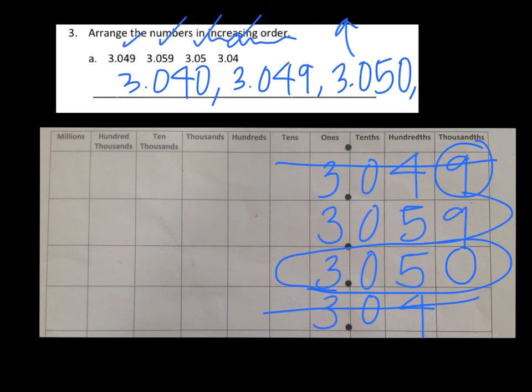And then my next highest number will be 3.059, and that is closer to 3.060. For problem number 3B, I would like you to try that one on your own and double check with your partner.